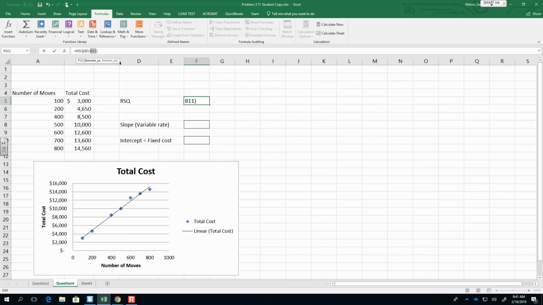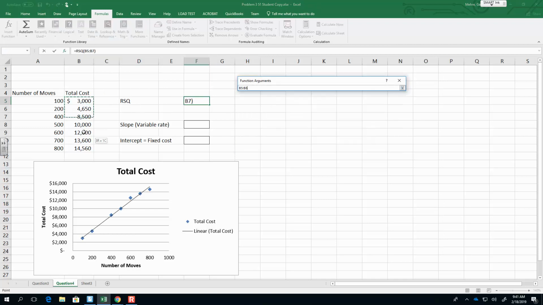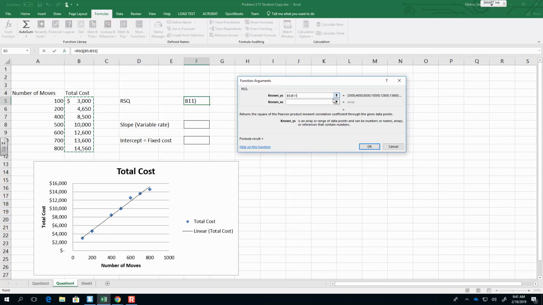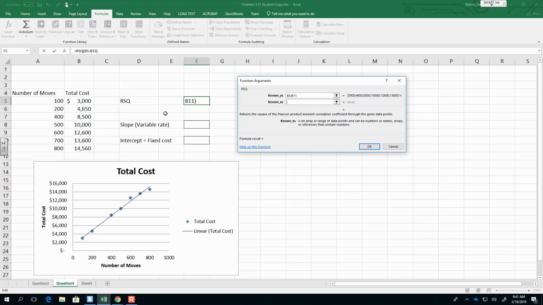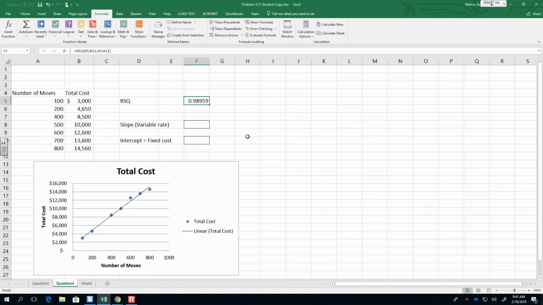Sorry. Back up. RSQ, the y's. And then the x's. And it should give you a number. And do that for the slope and intercept.